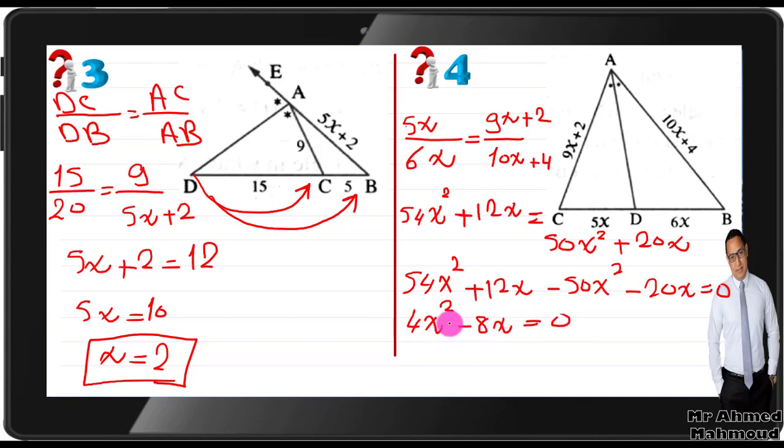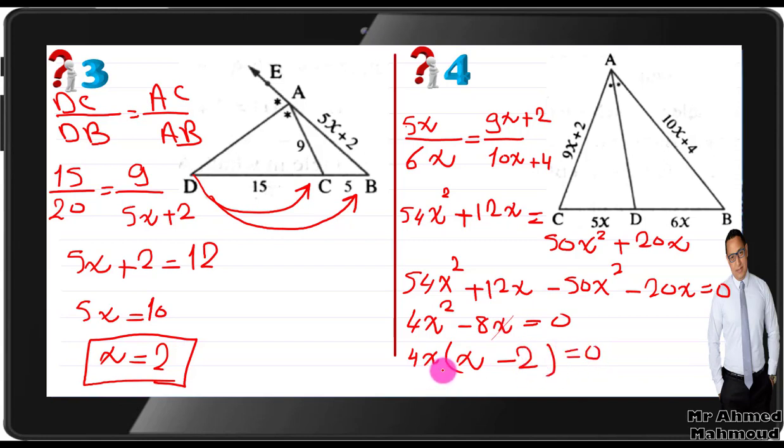Now I'm going to take 4x as a common factor, so 4x open bracket, because 4 and 8 are in the table of 4, so I divide by 4x. 4 divided by 4 is 1, x squared divided by x equals x, negative 8 divided by 4 equals negative 2, and the x over x cancelled. This is equal to 0.